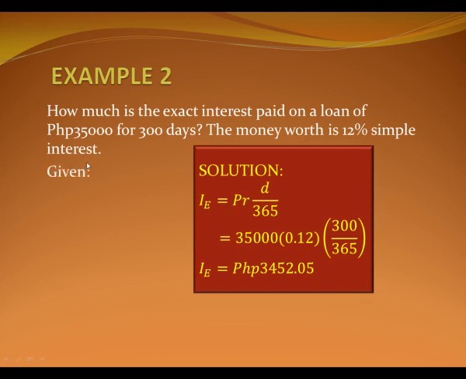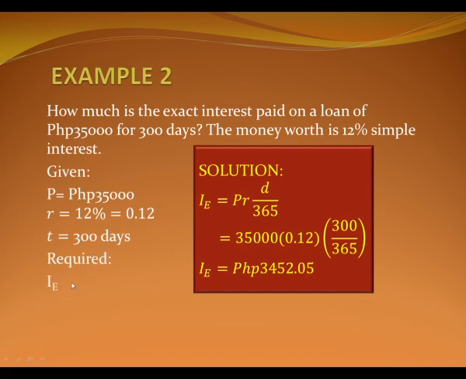So similarly, we have to identify the given. The amount of loan is also a capital P, or present value P, which is 35,000. The rate of simple interest is 12%. And the period of transaction is 300 days.